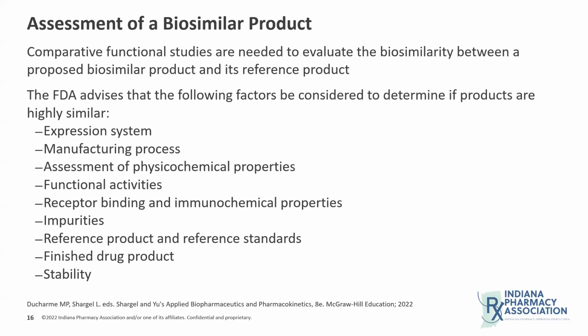Characterization studies should be performed on the finished product, and finally, a comparison of the stability of the proposed biosimilar product with that of the reference product should be initiated. An example of that could be forced degradation studies. So a lot of things need to be in place, and the FDA advises all of these in terms of making a biosimilar product after a biologic.